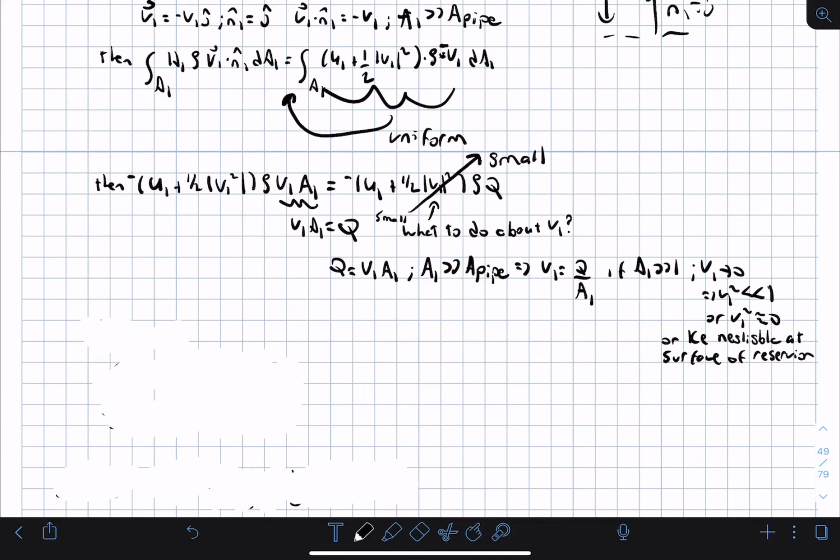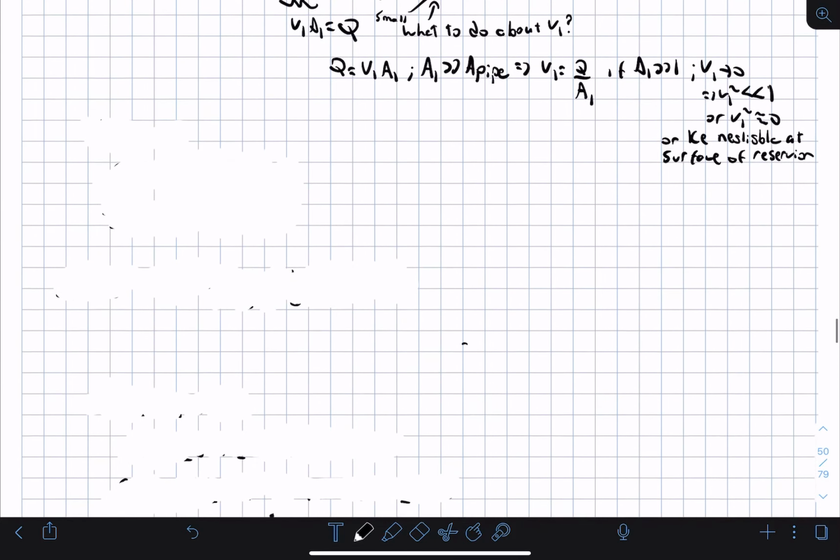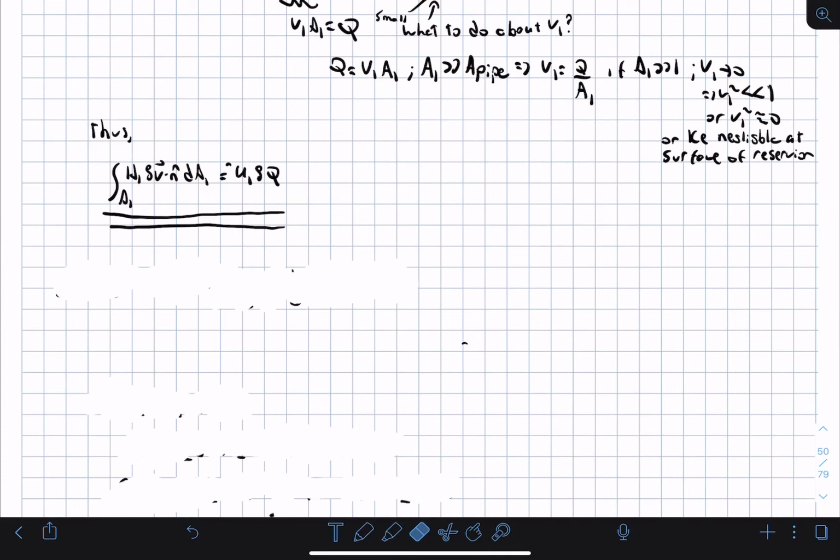Thus the integral of the total amount of energy due to the fluid flow entering the control surface through the surface of the lower reservoir just turns into minus the internal energy of state 1 times the density times the volumetric flow rate.